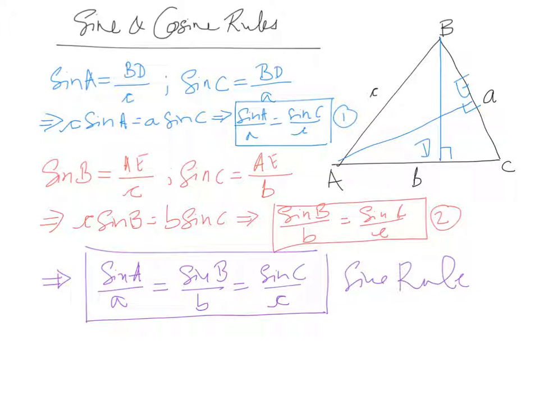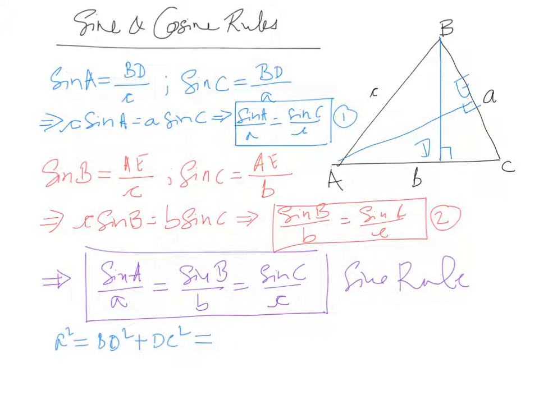We can write a squared, which is the square of the side BC, which is the hypotenuse, as the sum of BD squared and DC squared. And we know that DC is AC minus AD, which is small b minus AD.